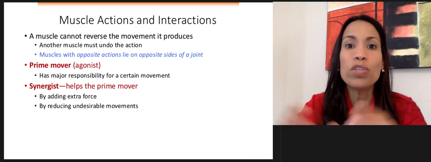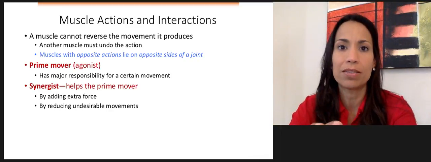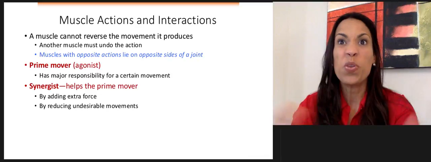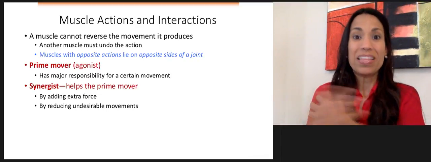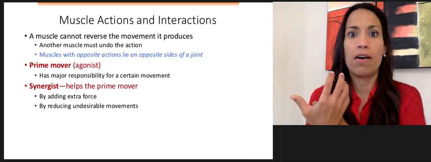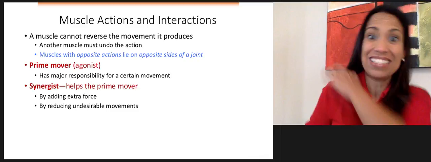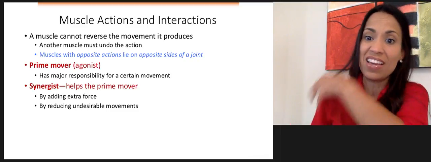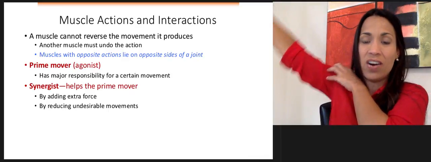Another way is to reduce undesirable movements by the prime mover. These are usually big muscles, for example the deltoid, which has several actions. It can flex the arm, the posterior fibers can extend the arm, and the lateral fibers can abduct the arm.